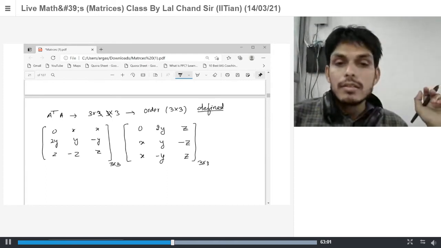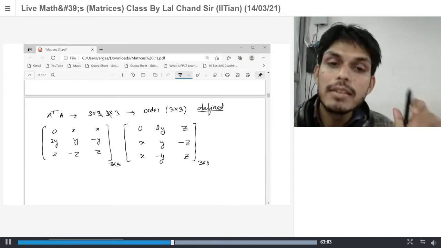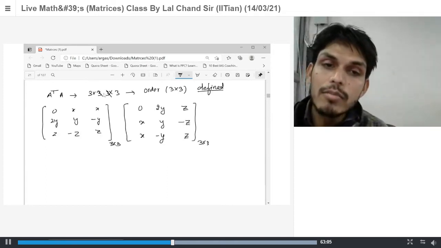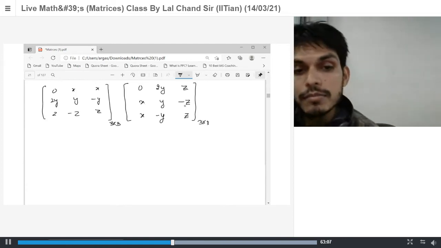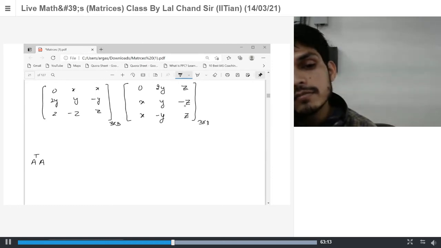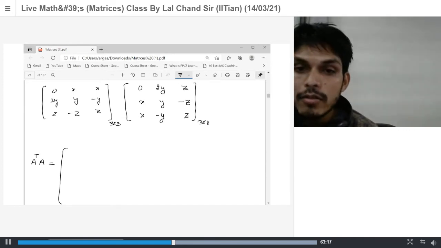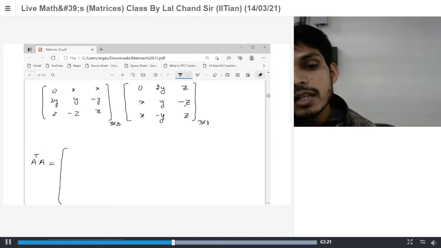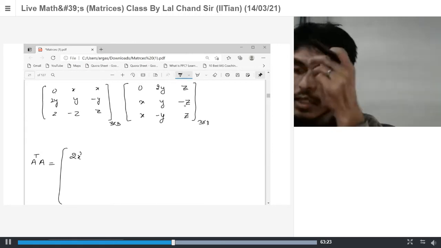Alright. So now if we multiply these two matrices, how are we going to multiply? Row into column. So here I have A transpose into A. Okay, so row into column, 0 into 0, x square into x square. So we have this element as 2x square, isn't it?